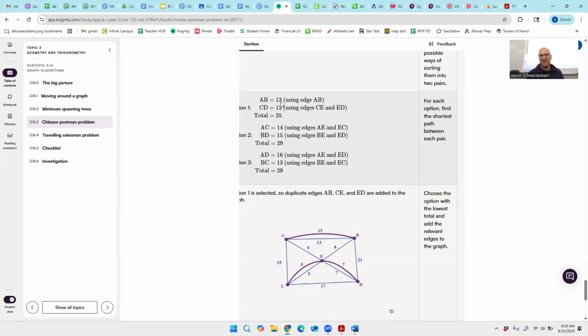Next combination is I pick AC. If I pick AC, my other combination is BD. So I'm doing every possible combination. So I've done A with B, A with C, A with D. If I pick AB, my other one is CD. If I pick AC, my other one is BD. If I pick AD, my other one is BC.